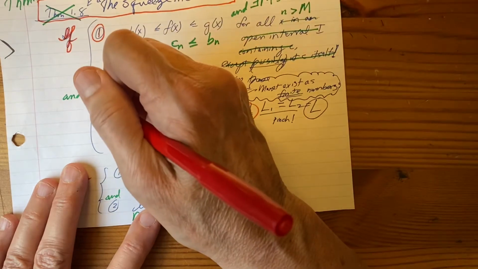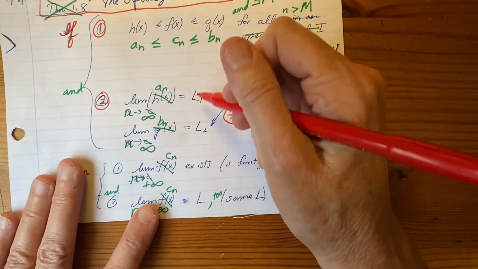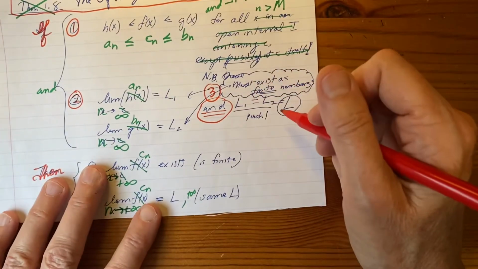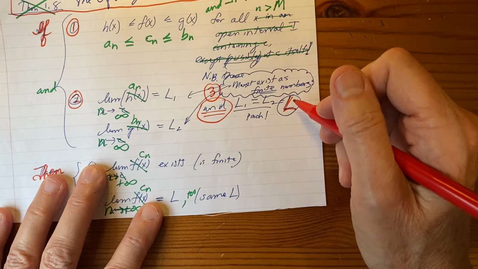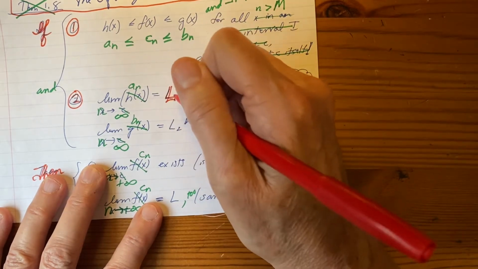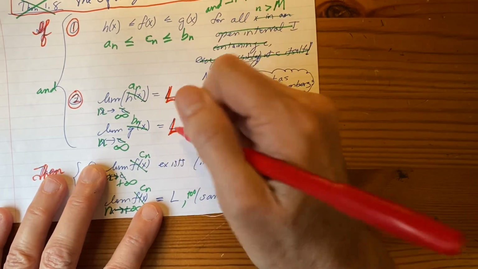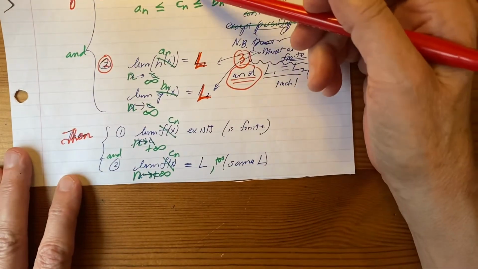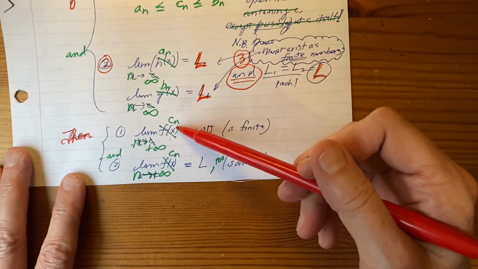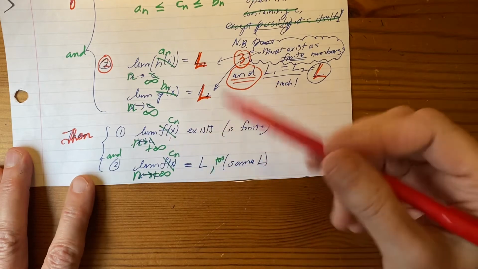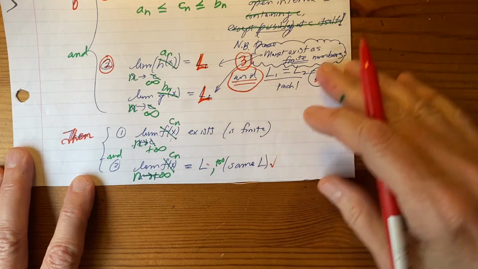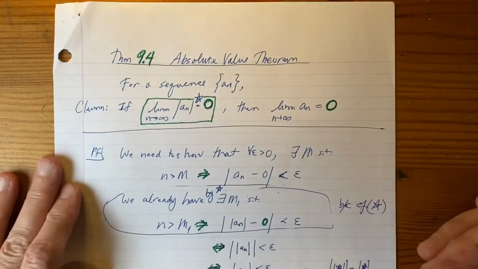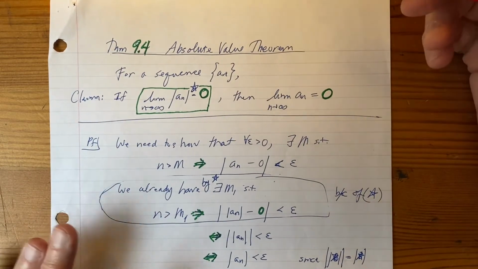If this inequality holds, if these 2 limits exist, and these 2 limits are equal to the one number L, then the one trapped in the middle, the limit of c sub n as n approaches infinity, is also going to be equal to L. Okay? So we're borrowing a lot from what you learned about limits in chapter 1.